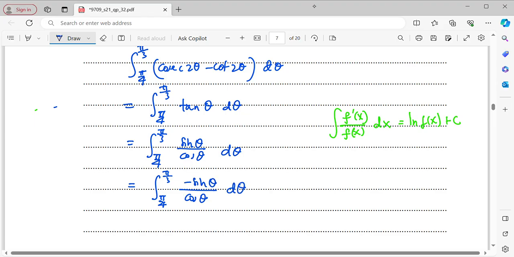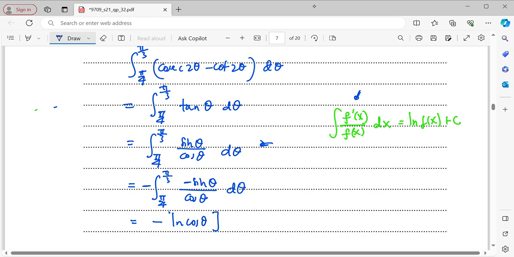But when you refer back to the original question, it is positive sine theta in the numerator. Therefore, to eliminate this negative due to the formula of the ln, I have to times another minus outside. So at last, you will be getting negative ln cos theta.